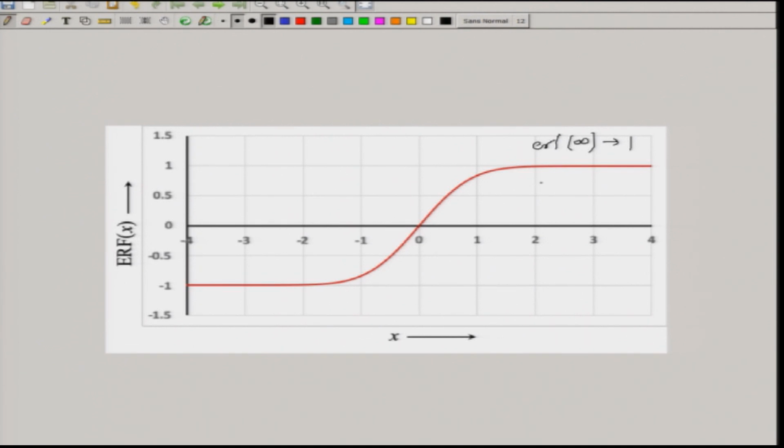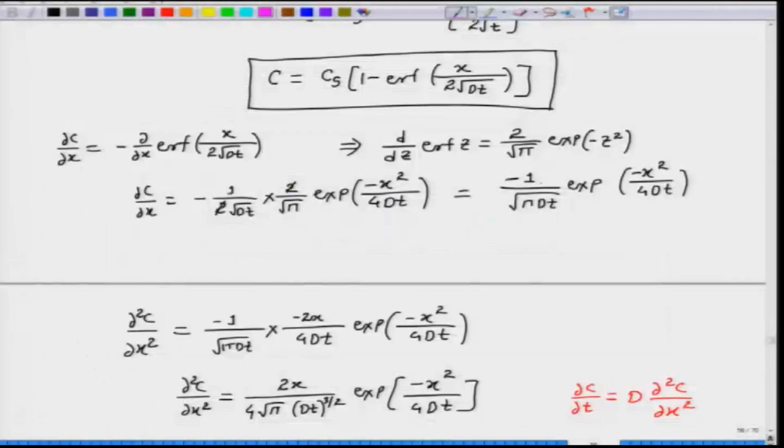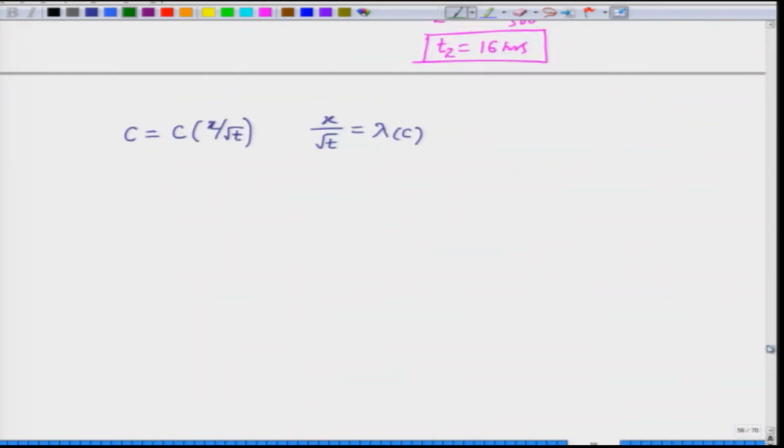So we can approximate that even when x by 2 root Dt is approximately 2, we will get the original composition, right. So, x by 2 root Dt equal to 2, or x approximately equal to 4 root Dt.